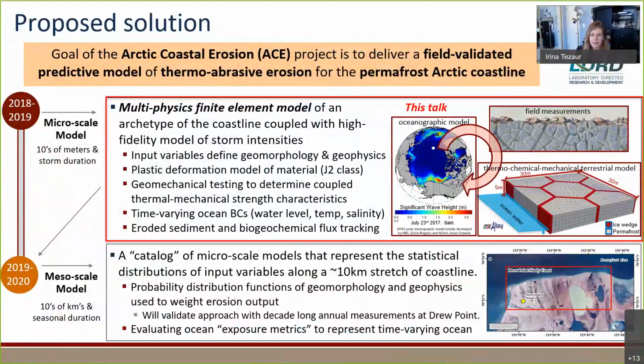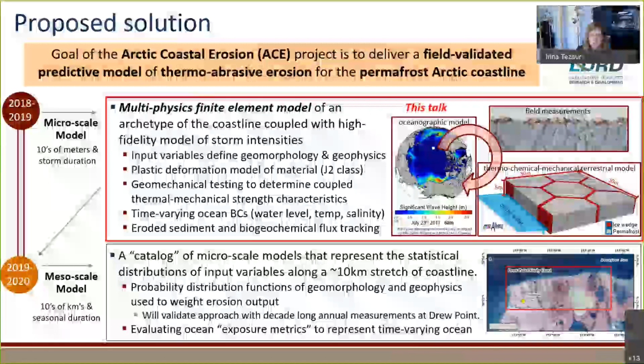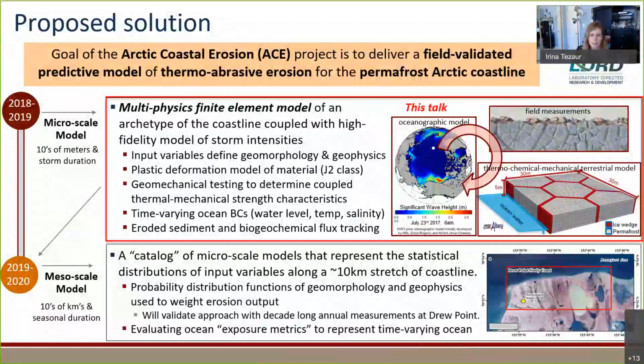Another goal, and something we've really been able to accomplish, I think, is to create a model that will take in much more realistic boundary conditions from actual wave circulation data that represents time varying realizations of individual storm events.